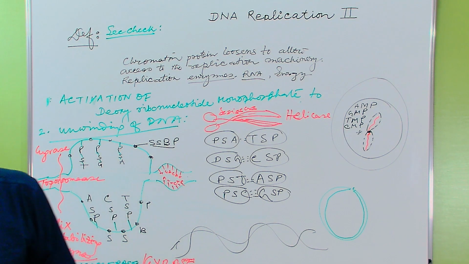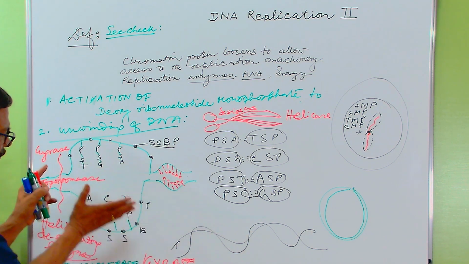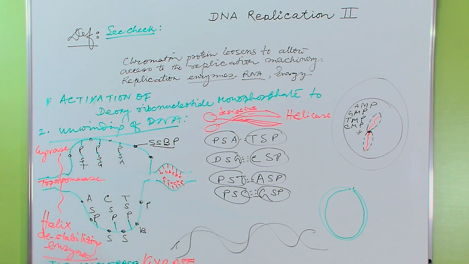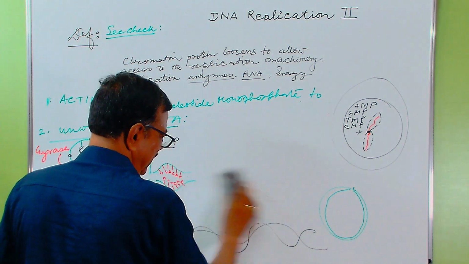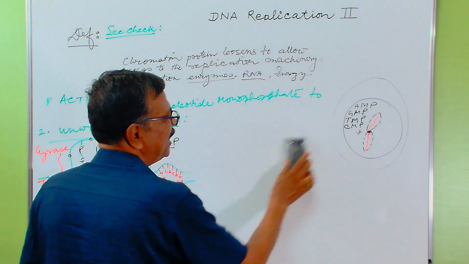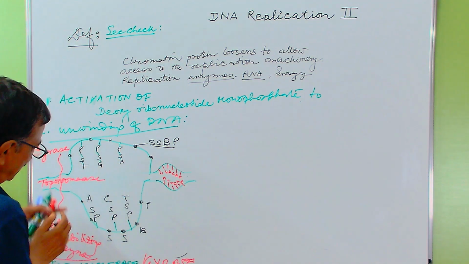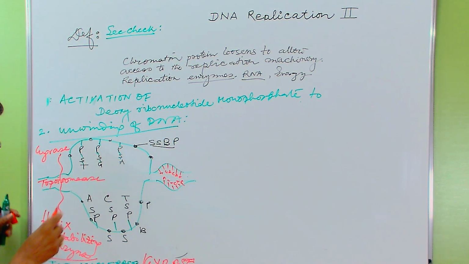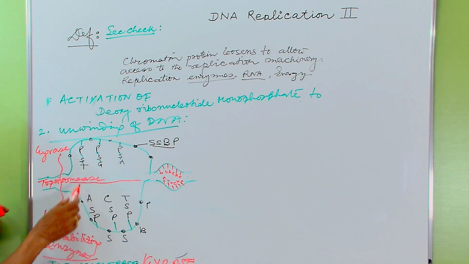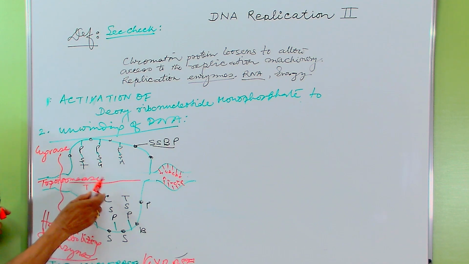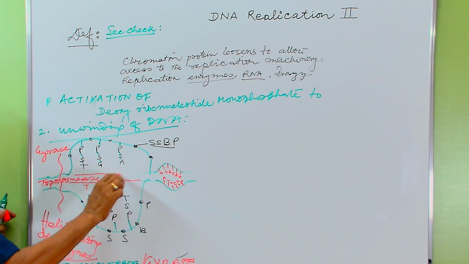Okay. Now, the two strands should separate before they serve as a template. What is a template? Template means you are making new copies of this, two identical copies. Some new strand will be formed. On the other hand, here you will make a new strand.